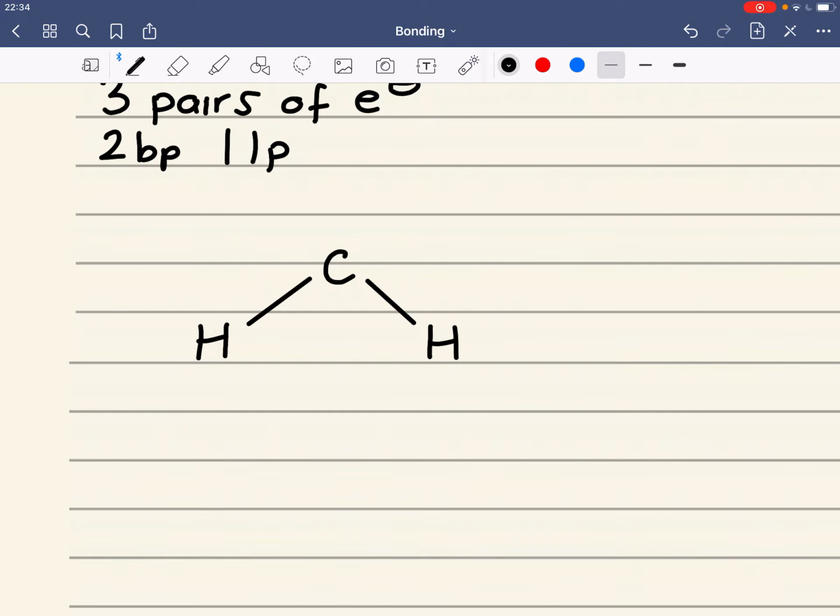And what we've got here is a CH2, but instead of one of these bonds being a bonding pair of electrons, I'm going to replace this now with a lone pair, which I'm going to show like this. Now, if this bond here was a bonding pair, not a lone pair, the bond angle between these 2 bonding pairs of electrons would be 120 degrees.